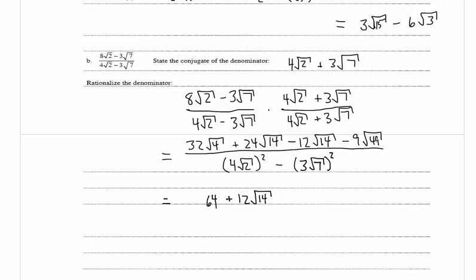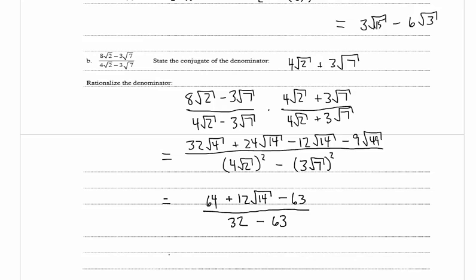And the square root of 49 is 7. 7 times 9 is 63, minus 63, divided by, and now I have 4 squared is 16, and the square root of 2 squared is 2. So 16 times 2 is 32, and 3 squared is 9, and the square root of 7 squared is 7. 9 times 7 is 63.